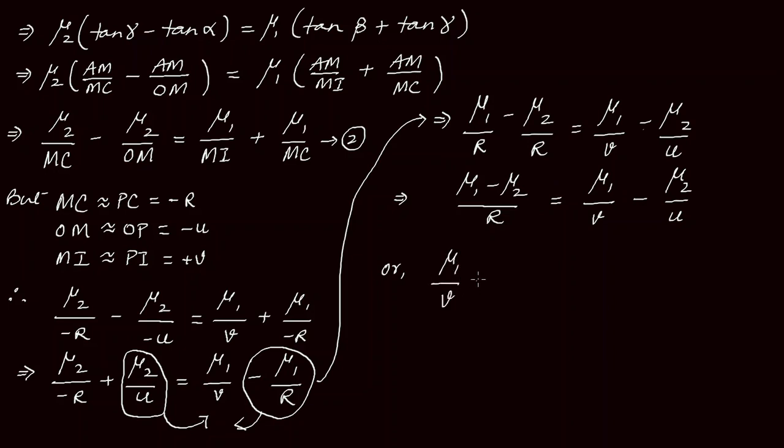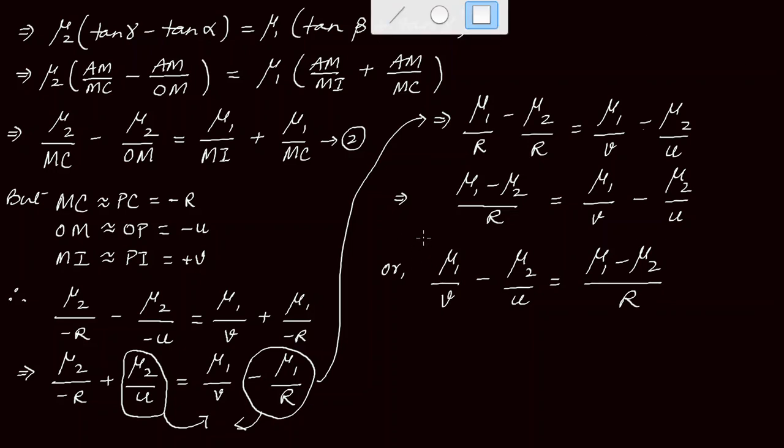Mu1 by V minus mu2 by U equals mu1 minus mu2 by R. This is the required expression.